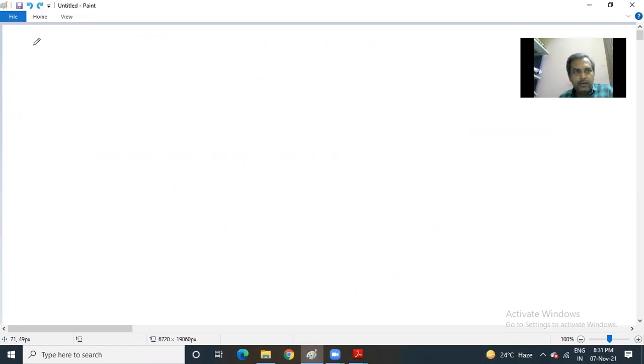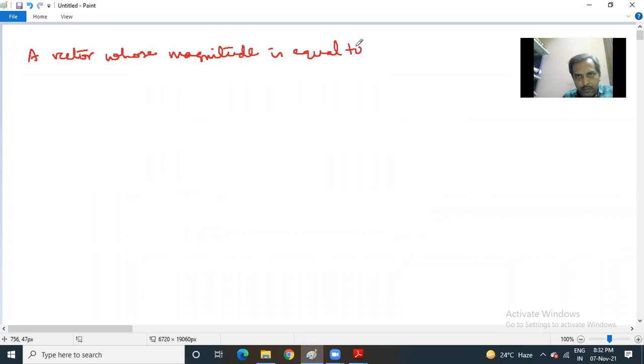We spoke about the definition of unit vector. So let me once again write: a vector whose magnitude is equal to 1. Otherwise, you can say that a vector having magnitude equal to 1 is called a unit vector.